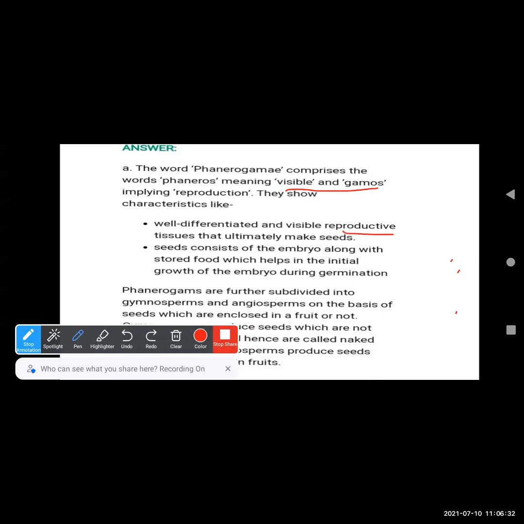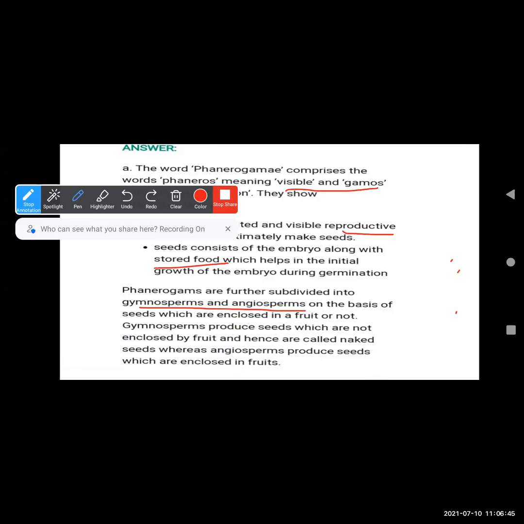Phanerogams are further subdivided into two, gymnosperms and angiosperms, on the basis of whether the seeds are enclosed or not. Gymnosperms produce seeds which are not enclosed by fruits and hence are called naked seeds, whereas angiosperms produce seeds which are enclosed.